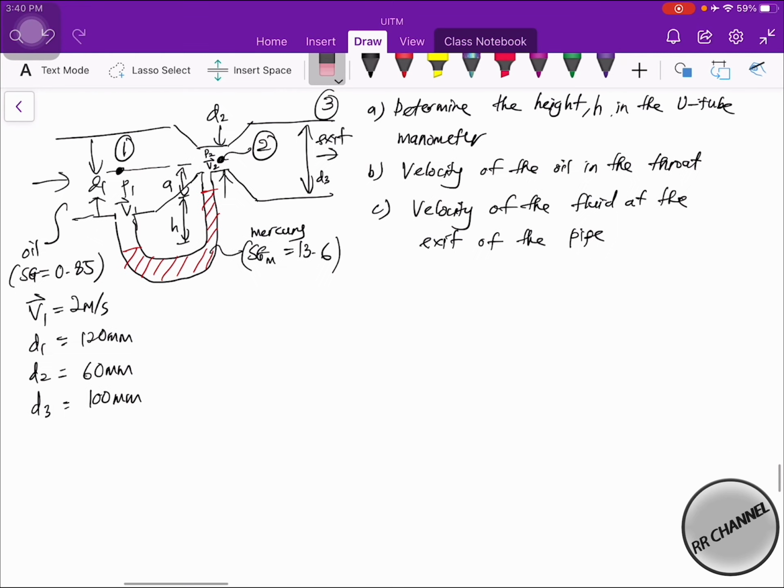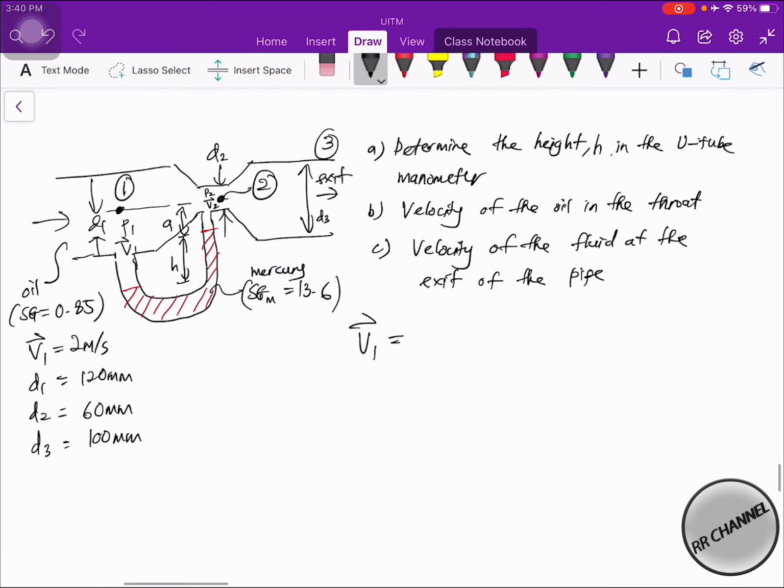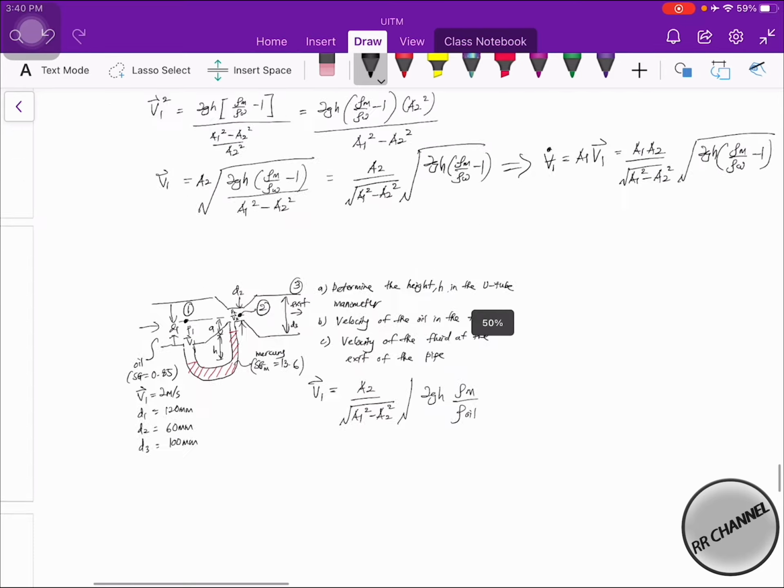We write again the equation: V1 equal to A2 over square root A1 square minus A2 square, then square root again 2g h, rho of the mercury inside the manometer divided by rho of the fluid. So the fluid is replaced, instead of water we use oil, minus 1.